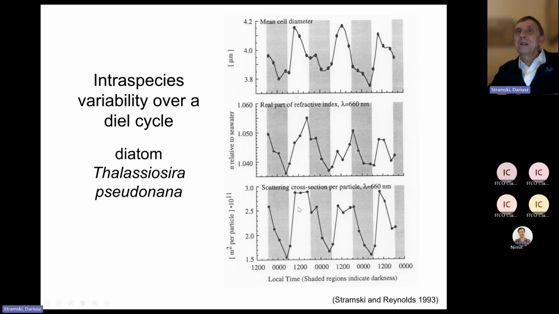So this kind of data indicates how complicated sources of variability in the ocean can be. And these aspects of intraspecies variability, and for the most part interspecies variability, are pretty much ignored in many applications, ocean color algorithms, and so on and so forth.